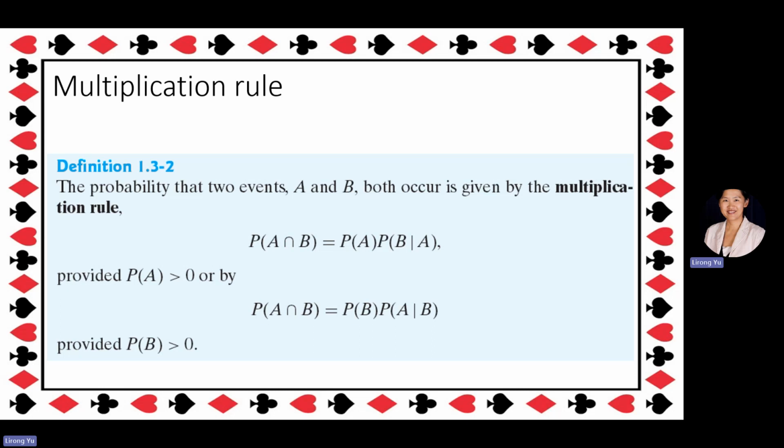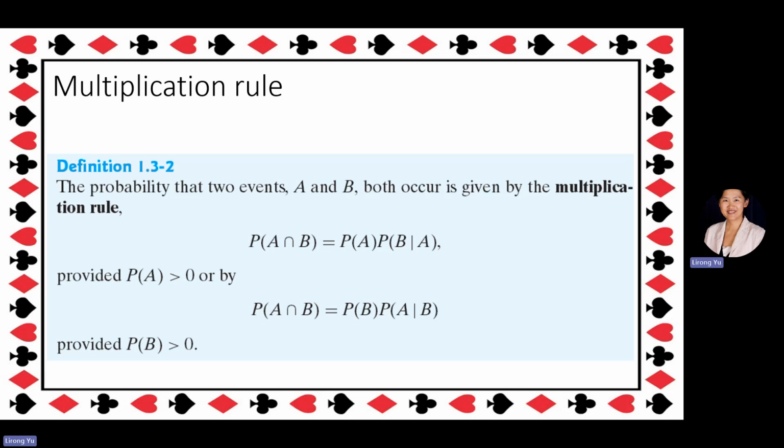The probability of A and B can be calculated in two different ways. Number one, if A happened first. A and B means A happened and B happened. Since these are two different events, which one happens first can be random. So suppose A happened first, then you want B to happen under the condition that A already happened.